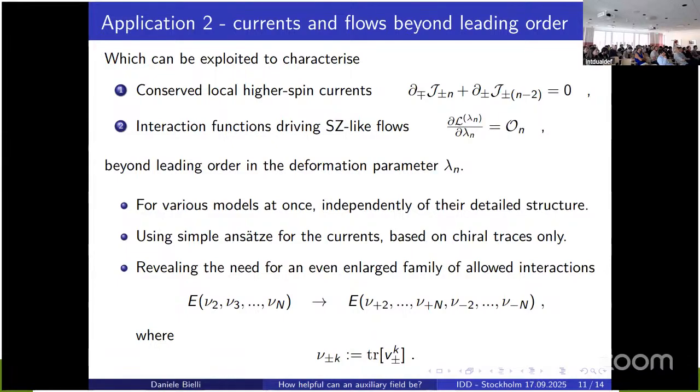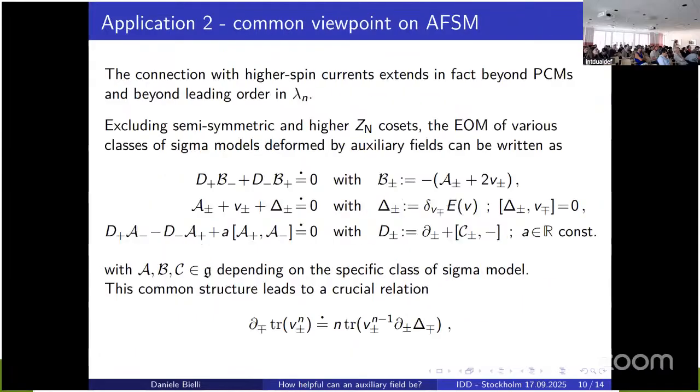So using this relation, we have a technique to compute these higher spin local conserved currents, which is the first point, and then also to characterize the interaction functions which drive Smirnov-Zamolodchikov-like flows. Basically these two conditions translate into requiring this identity.